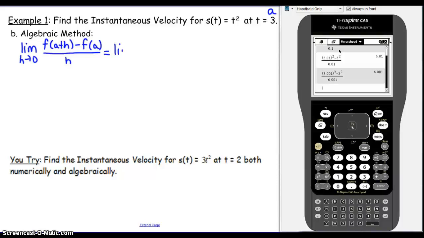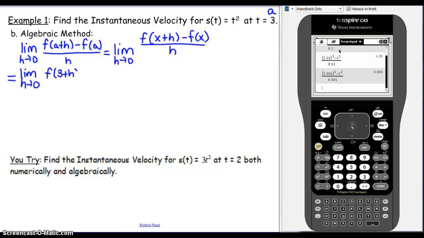So I could set this up. This is the same thing as doing f of x plus h minus f of x over h. These formulas are really the same. You can have an x to represent any variable, or an a just to represent a number. So since I have a number, I'm going to use it. I'm going to replace a with 3, but I'm going to leave h alone. I am not going to plug anything in for h in the algebraic method.